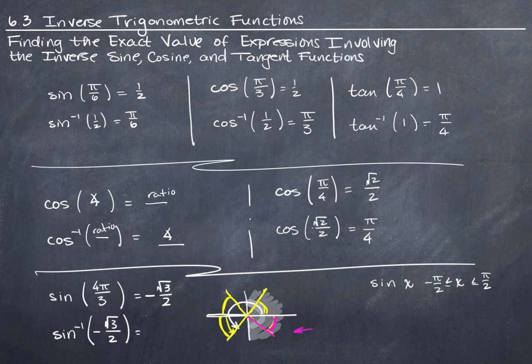It's not always as obvious as just taking the angle that you were given, right? In order to be considered a candidate for an inverse for sine, the angle has to come from quadrants 4 and 1. So what is this angle?